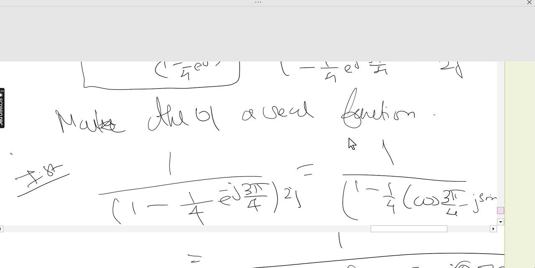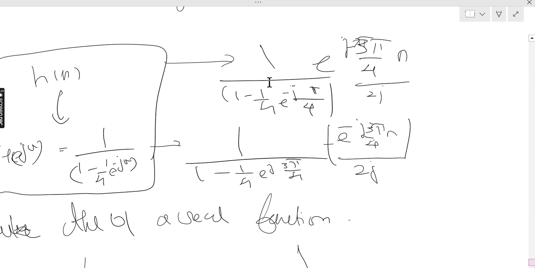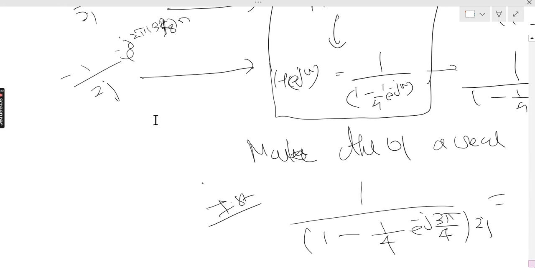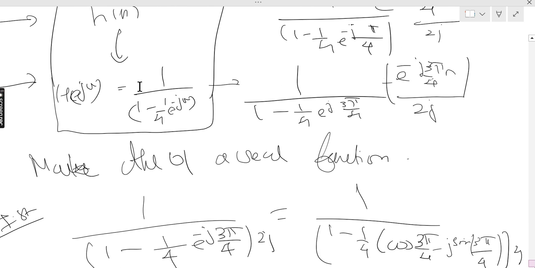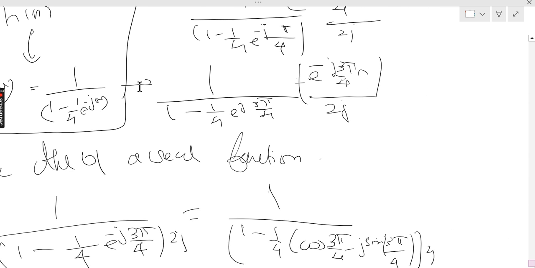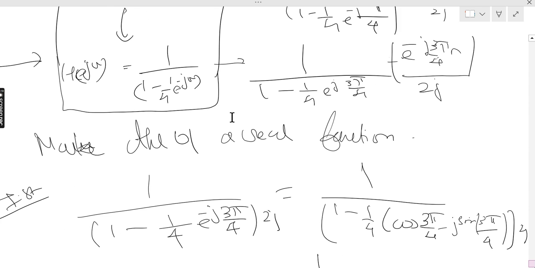Taking the system, we have 1 by 1 minus 1 by 4 e raised to j 3 pi by 4, e raised to minus j 3 pi by 4 by 2j.